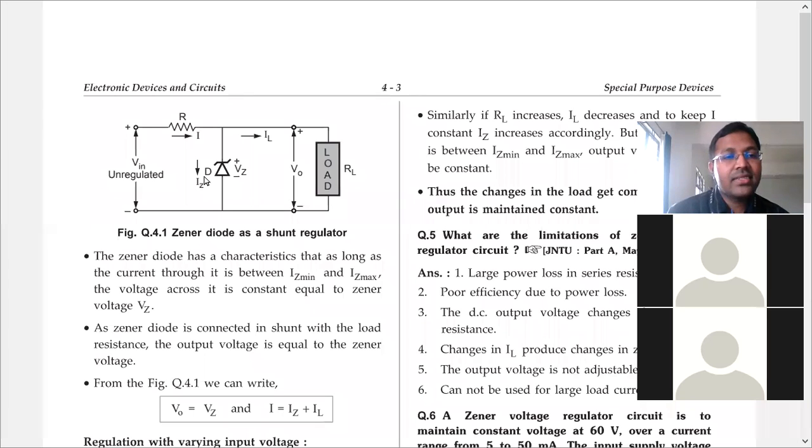Ohm's law. Quickly answer. What is the expression for I here? Voltage at this point minus voltage at this point. Voltage across the resistor means voltage at one point minus voltage at another point.